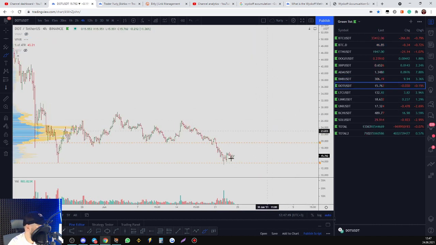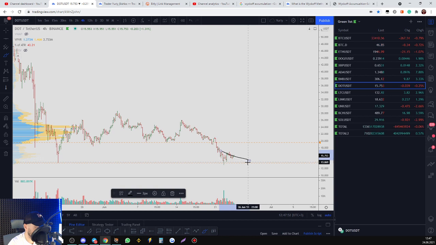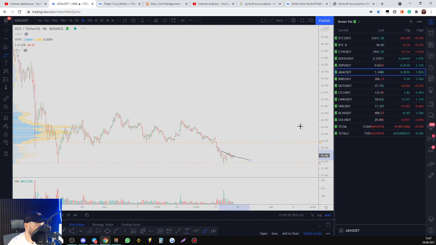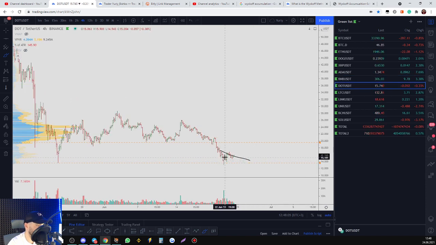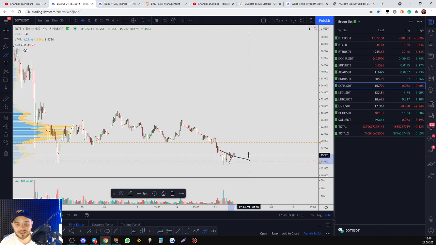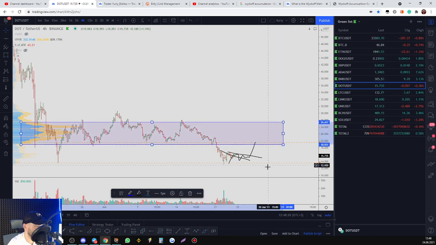The same with DOT, a little bit different than other coins, because DOT made a really low, but compared to Cardano, which already rose up 34%, DOT rose up from 13 to 15 only, nearly 10% only. I would pay attention to DOT because there could also be a breakout pattern on DOT, and I also expect that DOT might hit this value area.